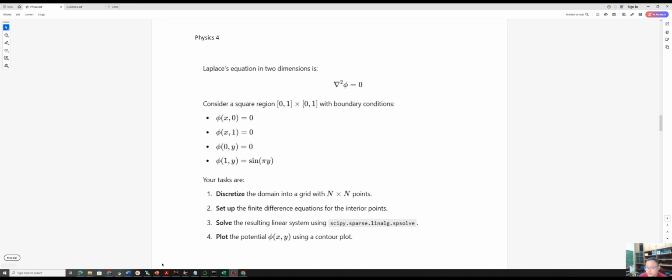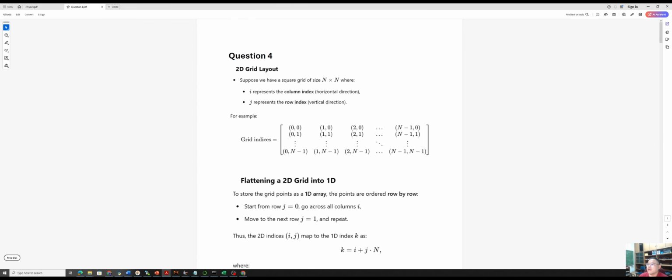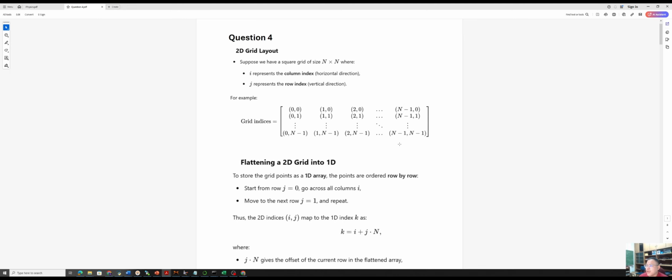So we are asked to construct a 2D grid, 2-dimension xy. Okay, so this grid n times n starts from 0, 0 to n minus 1.